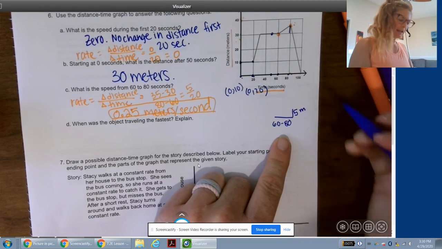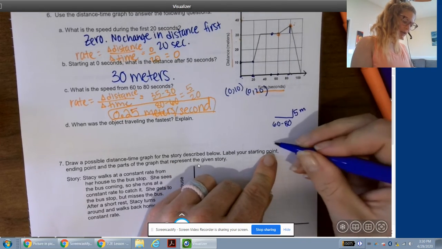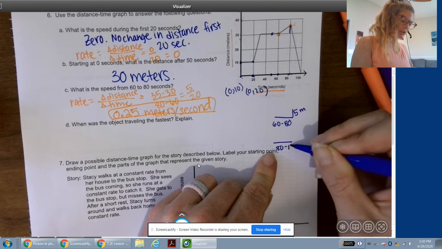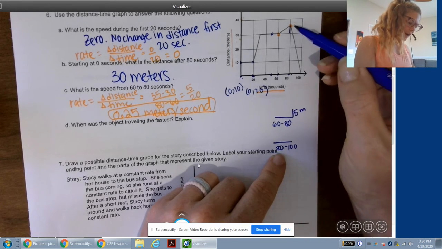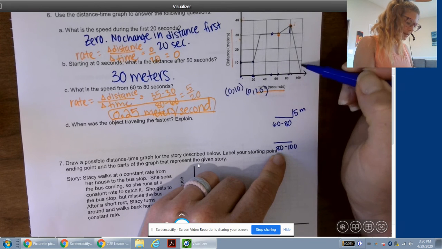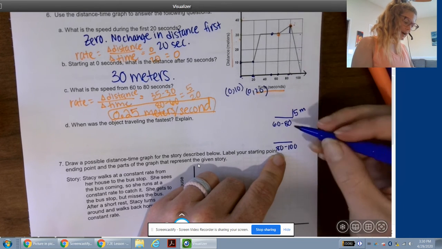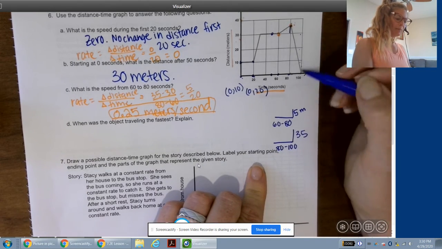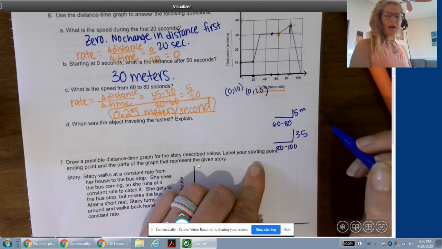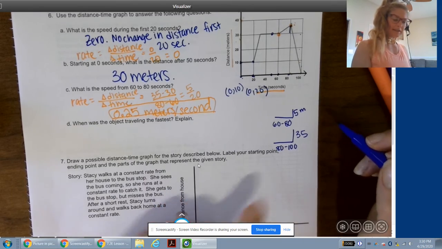But if we take a look from just 80 to 100, which is the same time interval of 20 seconds, we traveled, let's see, 10, 20, 35. So obviously this is the steepest part of the graph. We were traveling the farthest in the same amount of time.